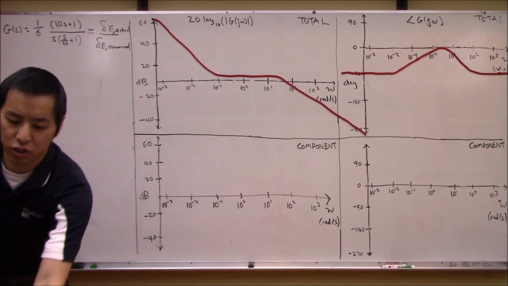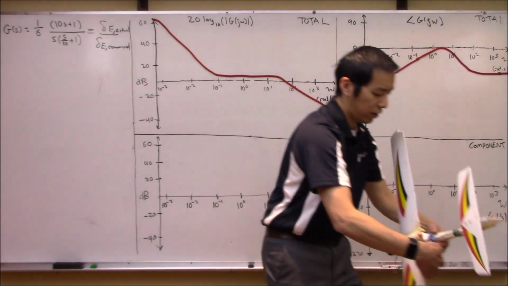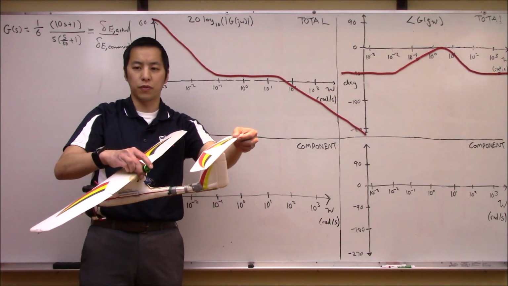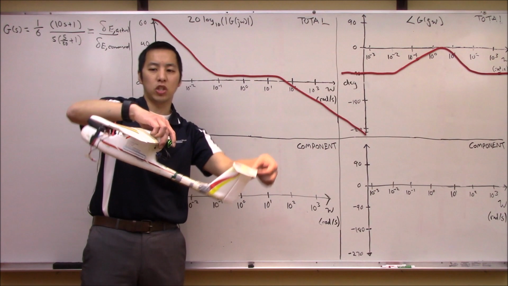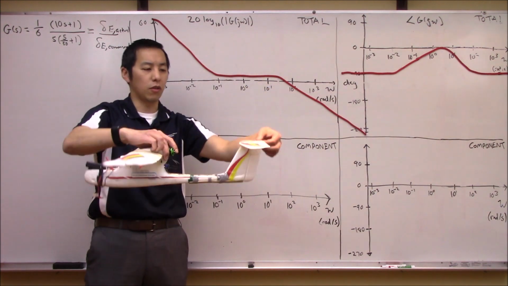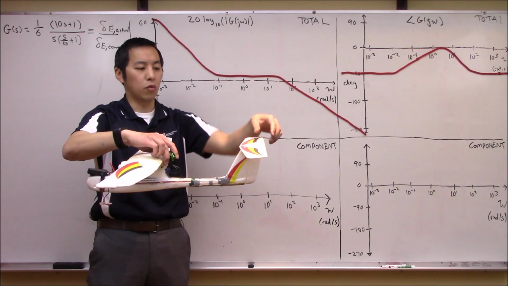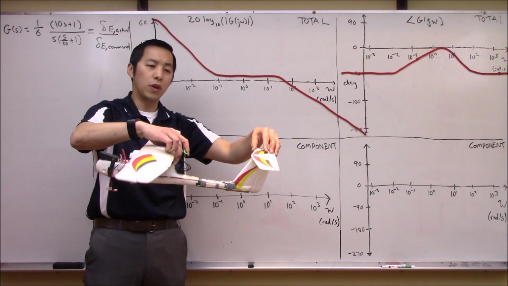Just for those of you who might not be aerospace related, what I mean by that is, let's say you've got some kind of aircraft, and the elevator is the control surface on the back, and you want it to deflect up or down so that you can pitch the aircraft nose up or nose down. And maybe you need it to be able to actuate at a certain frequency range.